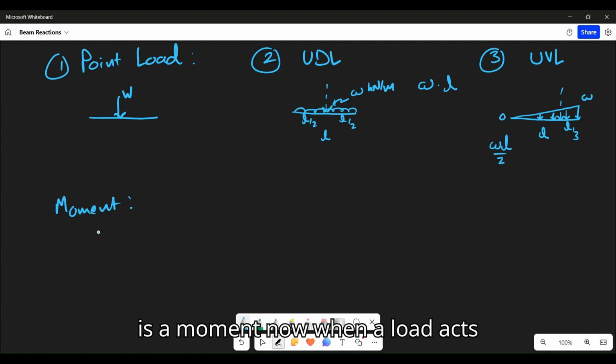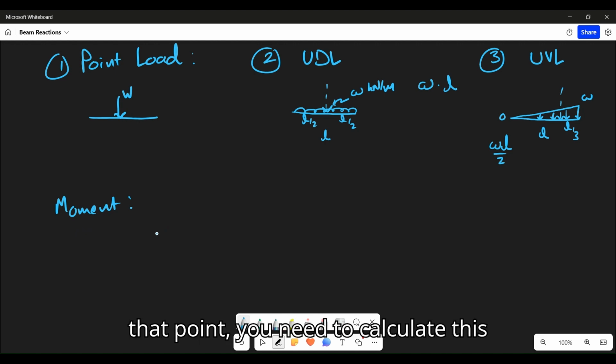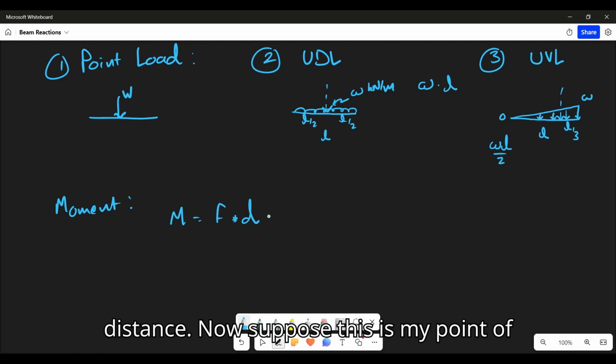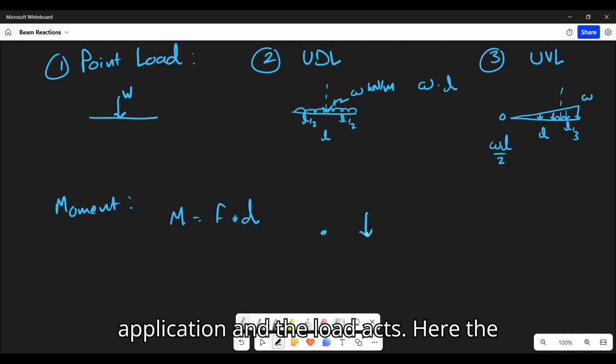Now, when a load acts far from our point of application, if we want to see the effect of that force on that point, you need to calculate this moment. And moment is force into distance. Now, suppose this is my point of application and the load acts here.